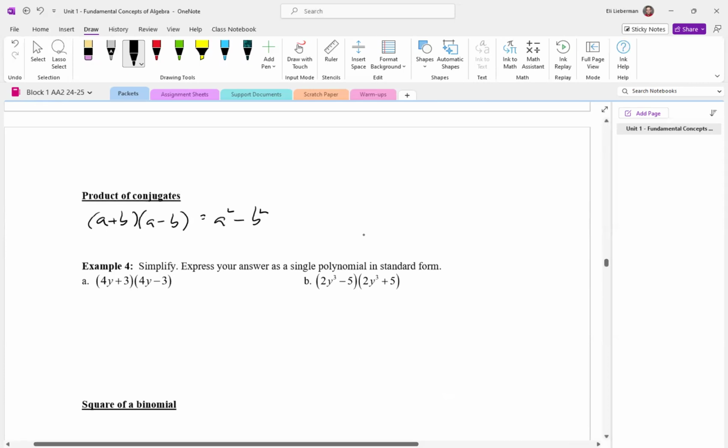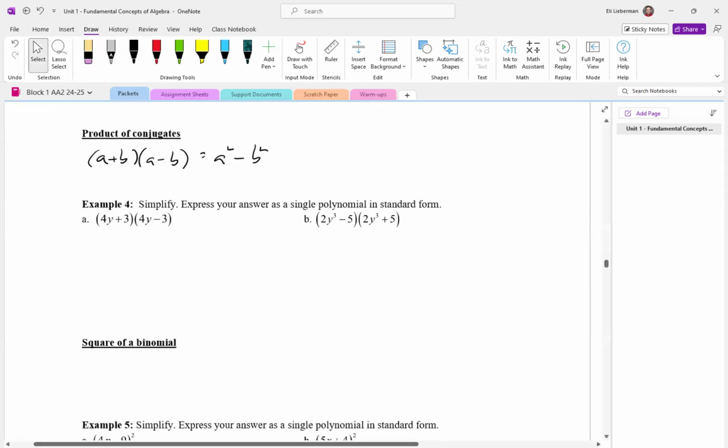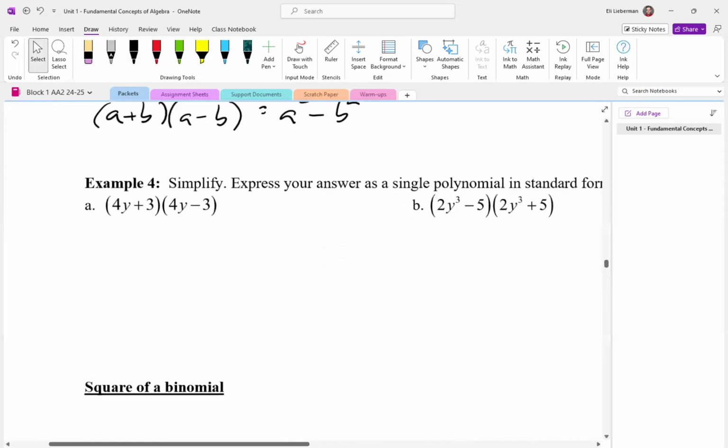It's always going to result in, what's that expression called? Difference of squares. You could use distributive property to get there, but it's a waste of time because we know the result will always be a difference of squares. So when I see that, I'm very confident in saying that the product is, wait, are they conjugates? Are you sure they're conjugates? How do you know they're conjugates?